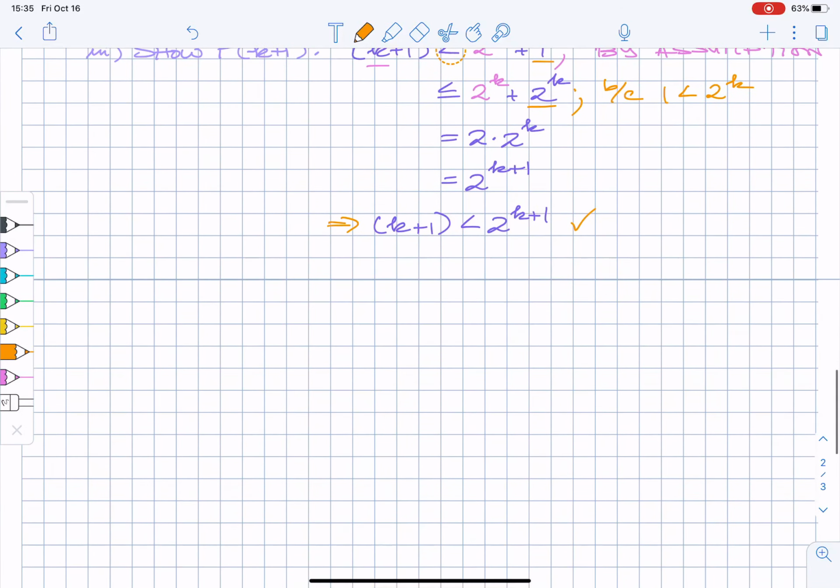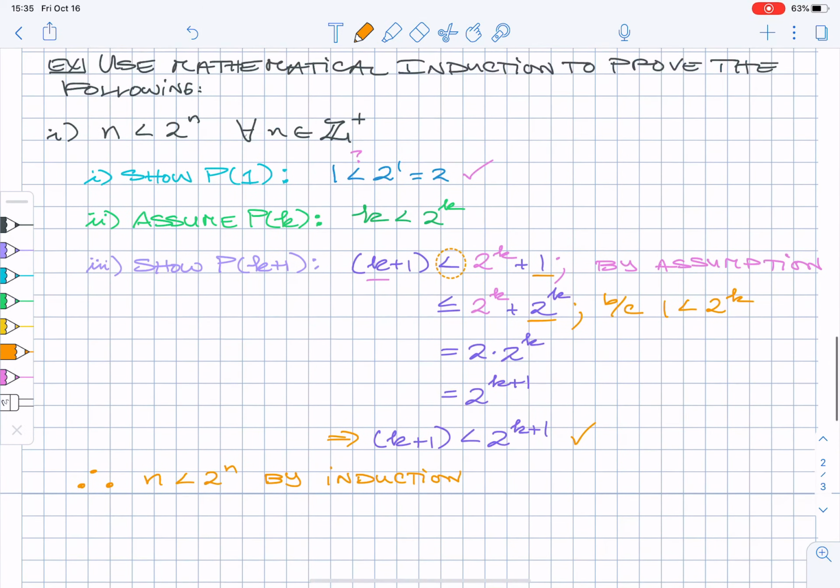Check mark. So therefore, n is less than 2 to the n by induction. There was no sum here, just simply each term.